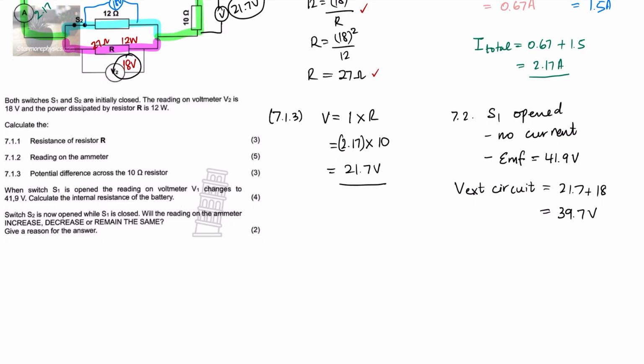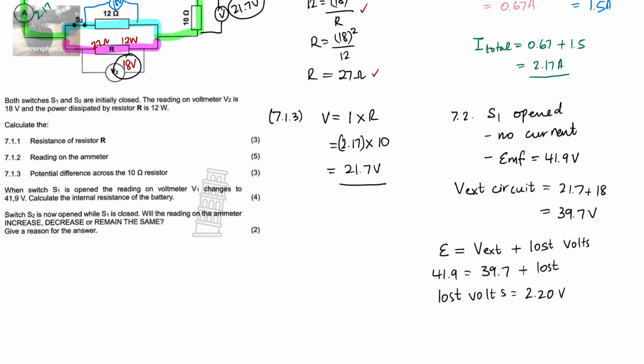So we can use the following equation: the EMF of the battery is equal to V external plus the lost volts. So 41.9 is equal to 39.7 plus whatever was lost, and it's lost because of the internal resistance of the battery. So the lost volts is going to equal 2.20 volts.